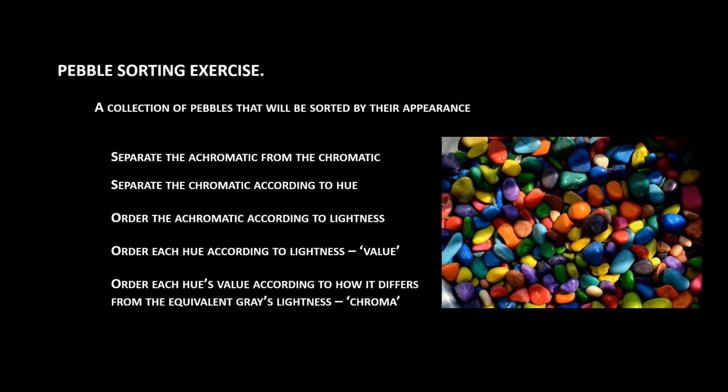And then finally, we recognize that there are differences in what we call saturation, how intense the color seems to us. I'll talk about this in a more formal way in the next slide. And we call that characteristic the chroma. So just as a review, we have hue, we have value, and we have chroma.